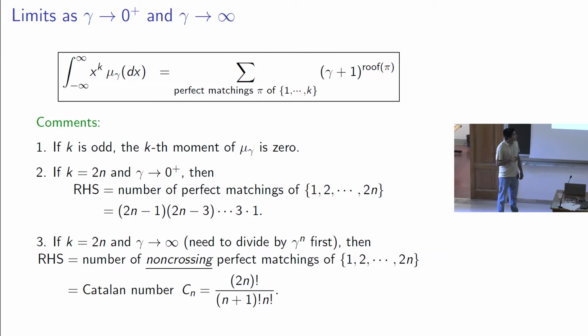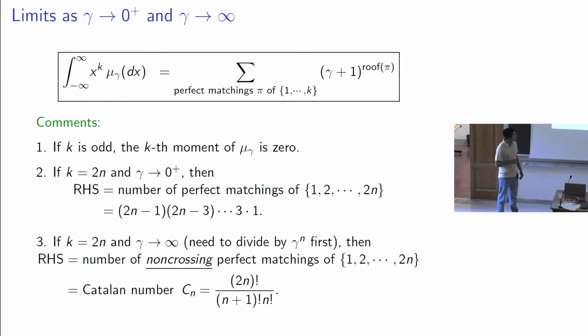Now, if gamma goes to infinity, you need to do something else, right? You need to divide first by gamma to the n, and then you can send gamma to infinity on the right-hand side, right? The only terms that will survive are the ones for which the roof statistic is the maximum possible value. If the roof statistic is the maximum possible value, that tells me that there are no intersections. So each roof doesn't intersect anything.